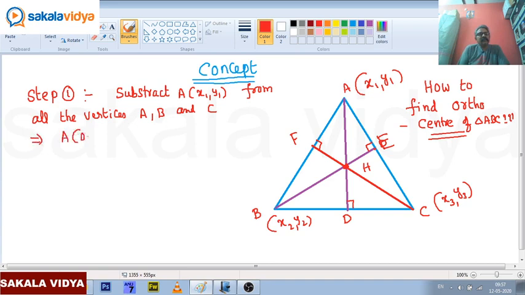A becomes the origin (0, 0). B becomes capital X1, capital Y1. C becomes capital X2, capital Y2.